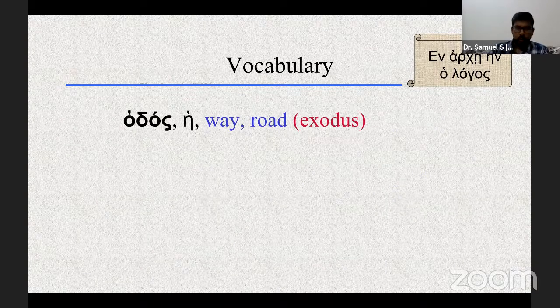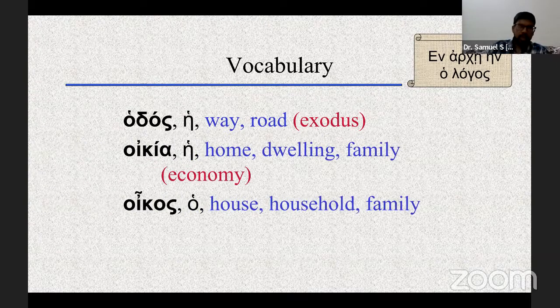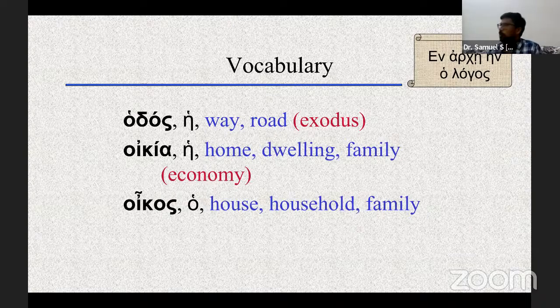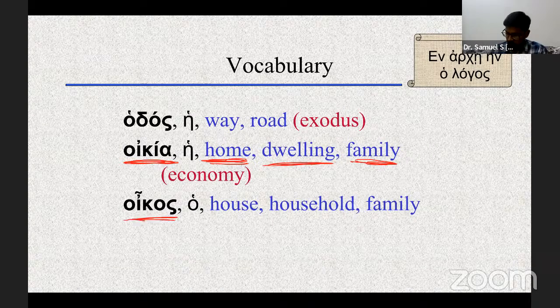Hodos, the way, the road. Exodus, the journey through the road. Oikia, home, dwelling, family. IKEA, you go and buy stuff for your home in IKEA. Oikos, house, household, family.